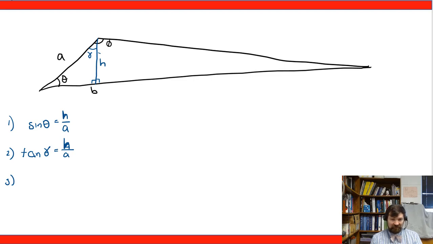That means that this angle right here, we could call this angle beta. Gamma plus beta is equal to phi. And so that basically in turn means that beta is phi minus gamma. Okay, so now we've solved for that angle beta.